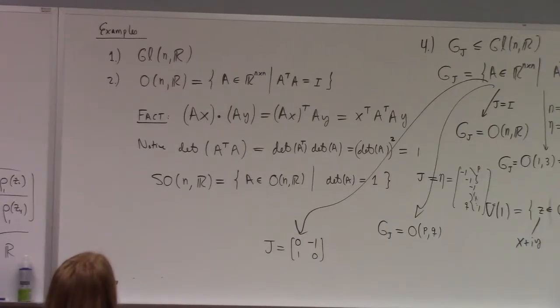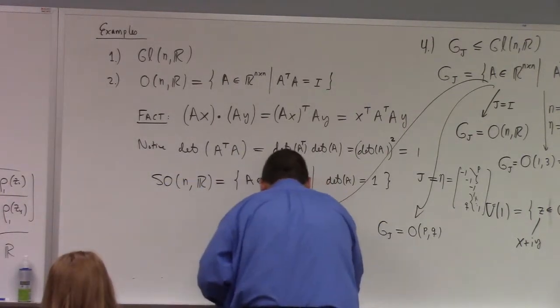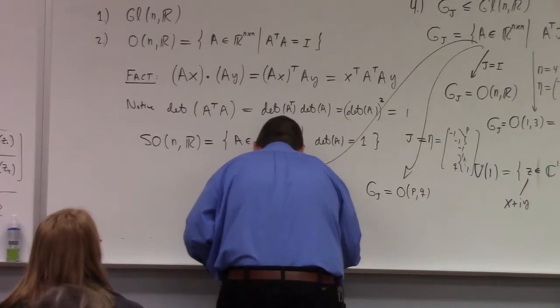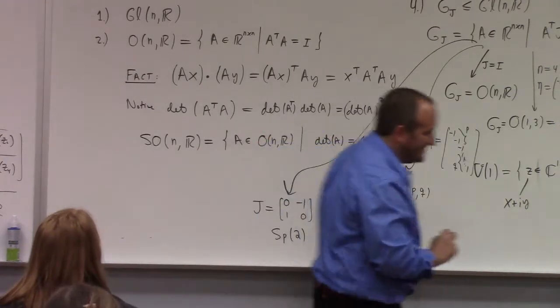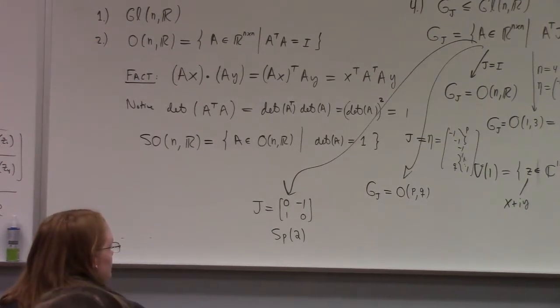All right? Then those are called symplectic matrices. This gives us Sp, and here's where I'll get into trouble. I'll say Sp(2), but I'm not really sure about that. It depends on which book you're looking at, all right?